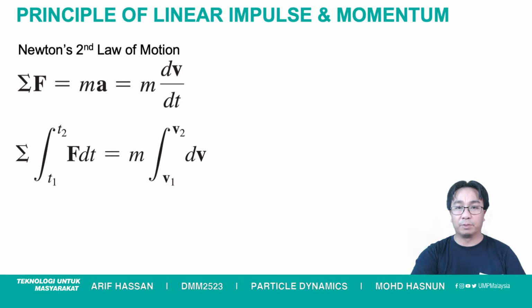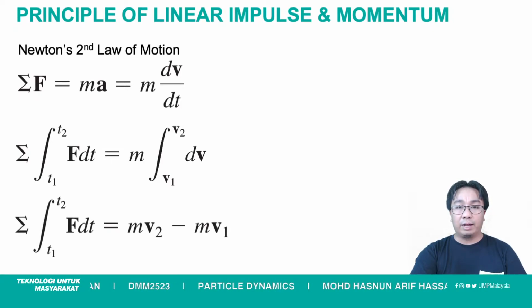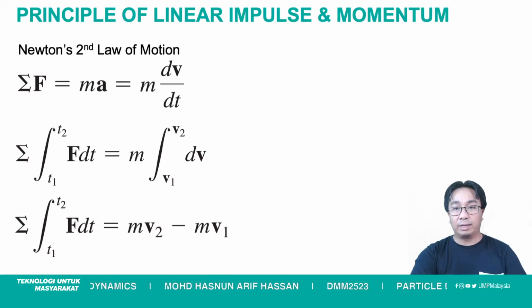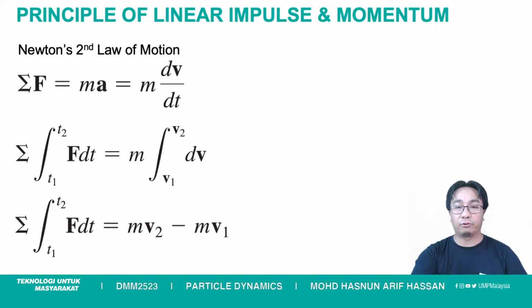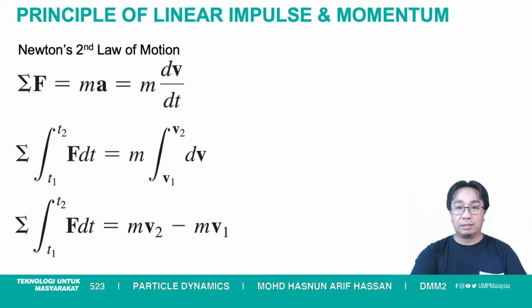What we have from this is the sum of F dt from t1 until t2 on the left is equal to mv2 minus mv1 on the right. This is what we have from the integration.